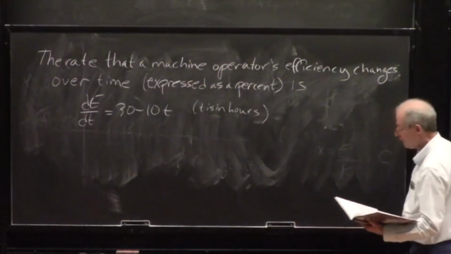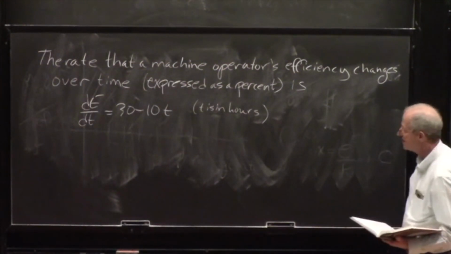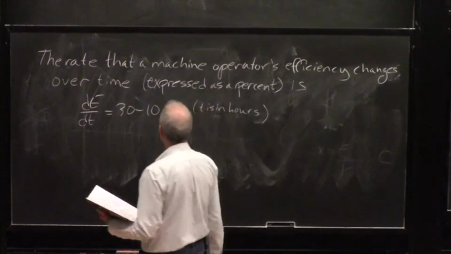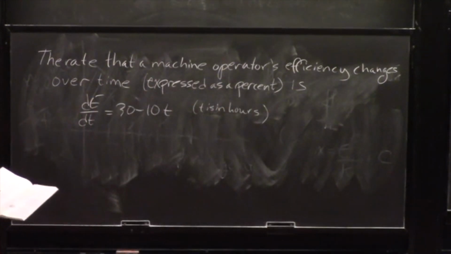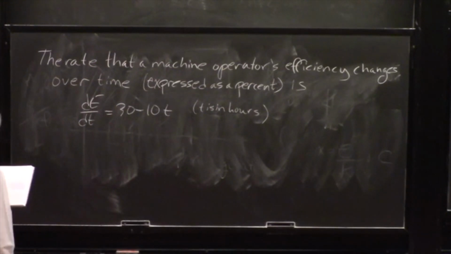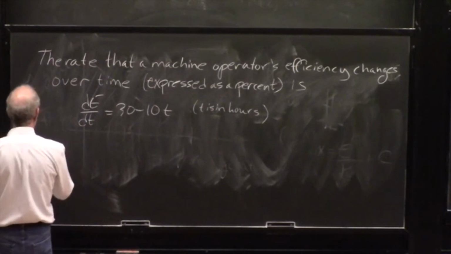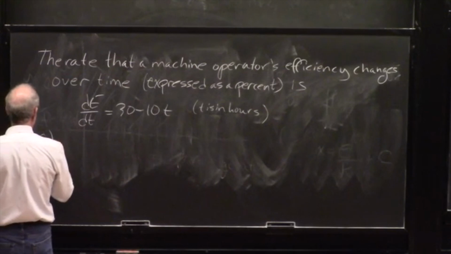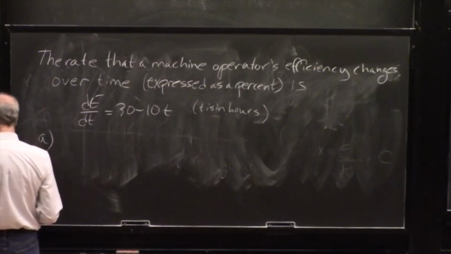Okay. First, ask yourself, does that make sense? Should you become less efficient over time? Or should you become more efficient over time? I don't know, we'll find out. So maybe there's an optimal amount of time for your efficiency. So let's see.